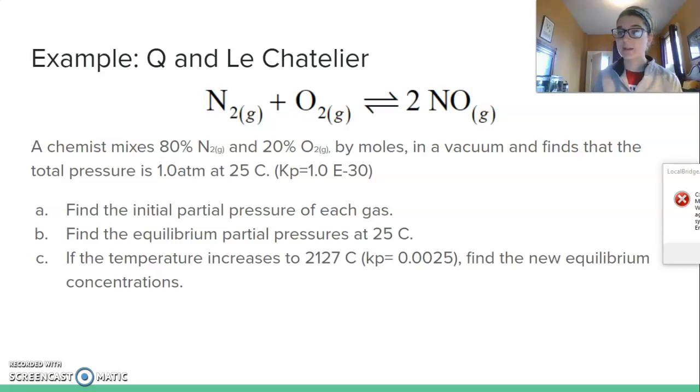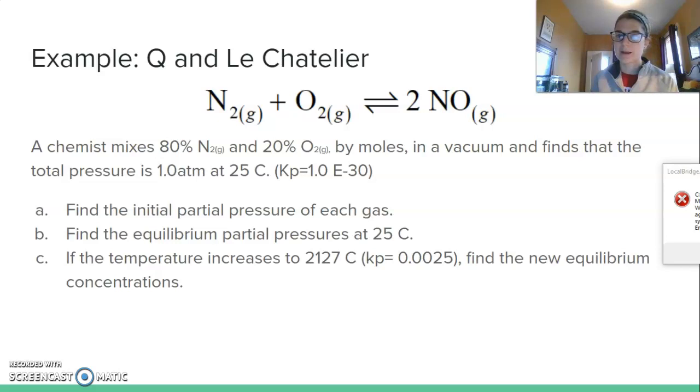The Kp value of the system is 1 times 10 to the negative 30. First, we want to find the initial partial pressure of each gas. Then we want to find the equilibrium partial pressure at 25 Celsius.